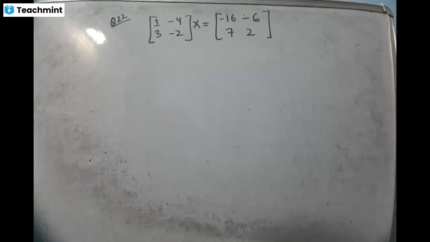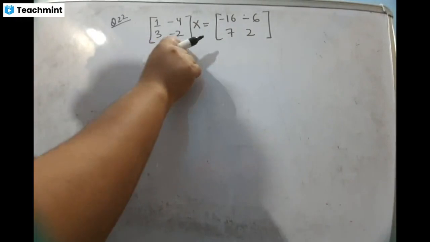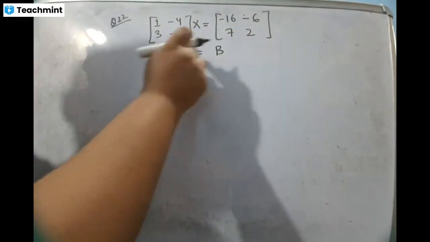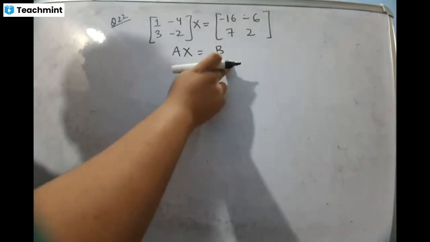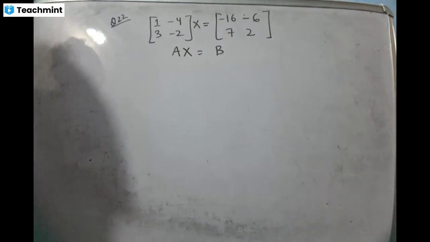Look at this. I'm just making this equation simple. Let me take this as A, so this becomes AX, and let me take this as B, so it becomes AX equal to B. Doesn't this look familiar? This is the basics of matrix algebra. What's going to happen to this A?